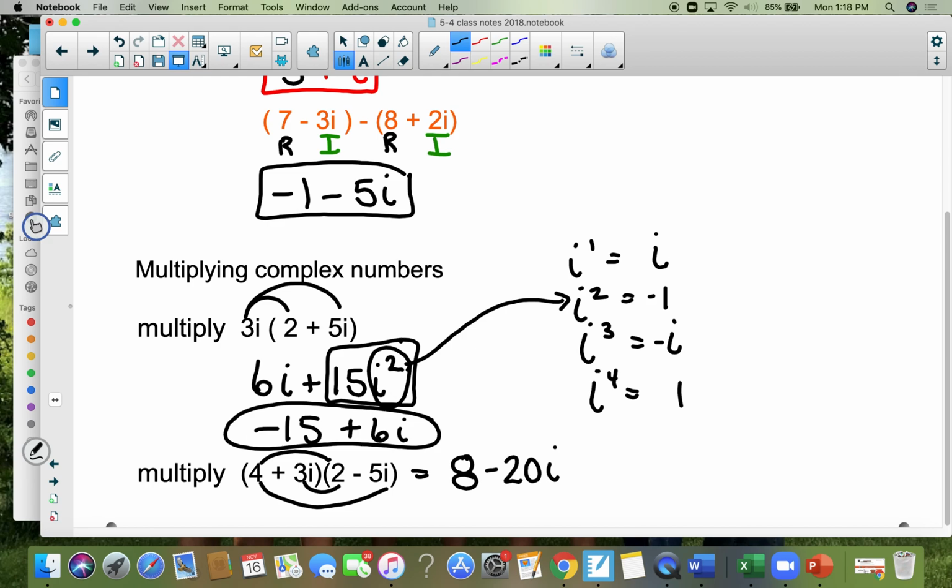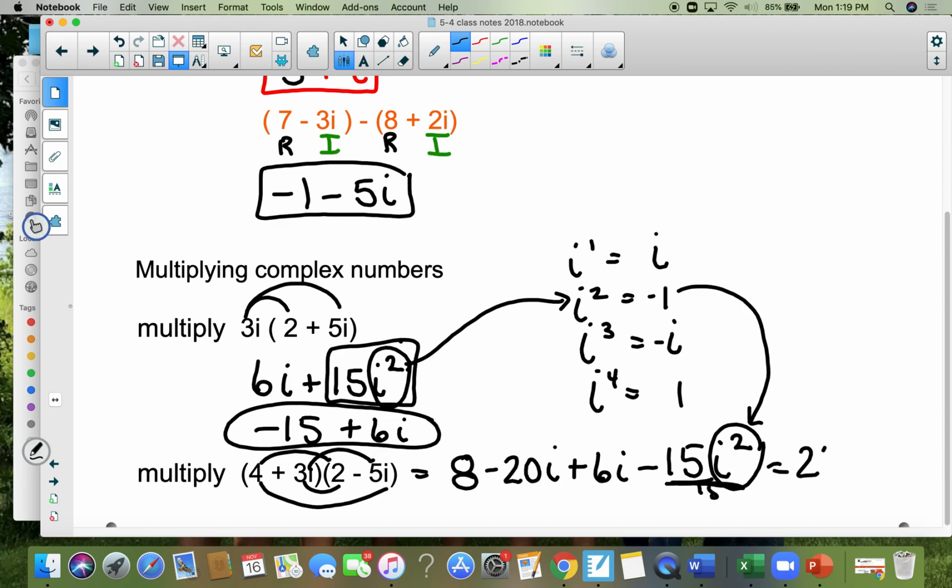Inside term gives me a positive 6i. And the last two terms is a negative 15i squared. I squared is equal to a negative 1. So a negative 1 times a negative 15 ends up being a positive 15. So a positive 15 and a positive 8 makes 23 minus 14i, because I can put these two together like terms.